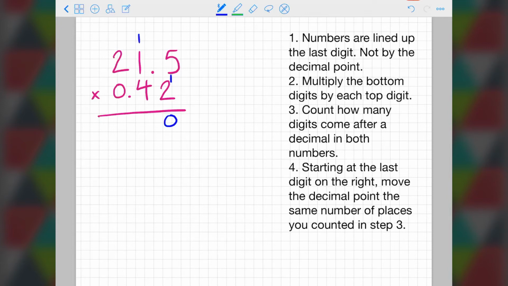Carry the 1. 2 times 1, again ignoring that decimal point and skipping right over it, is 2, plus 1 is 3. 2 times 2 is 4.